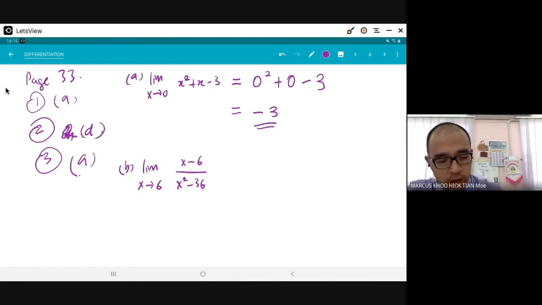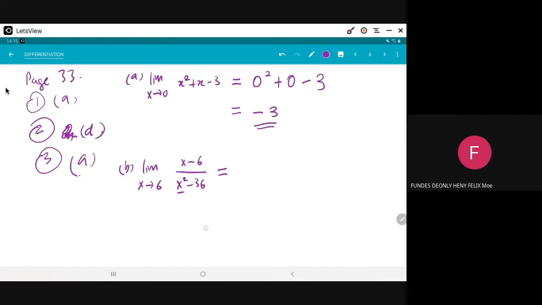Okay, now question B is a little bit tough, but we can try. Obviously, we cannot put the 6 over here, because 6 squared will be 36. You get 36 minus 36, which will be 0, which I don't want. I don't want the bottom to be equal to zero. So what should I do about this one?